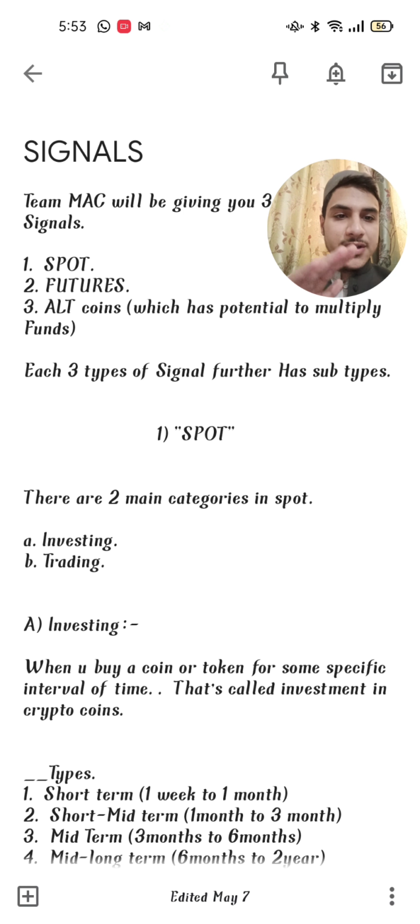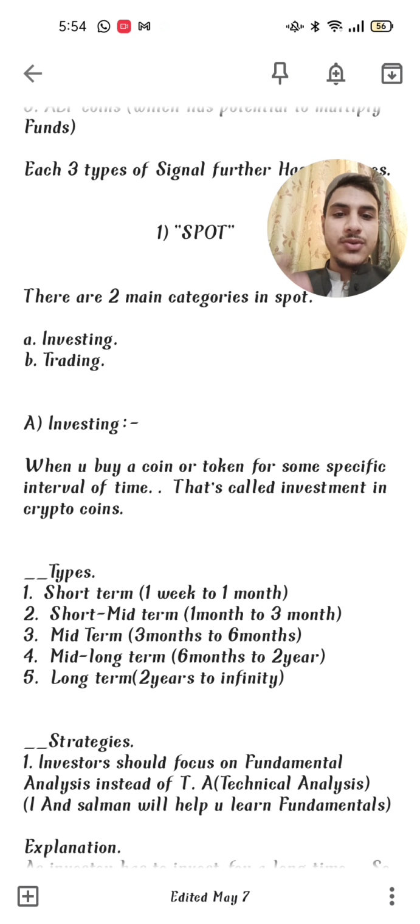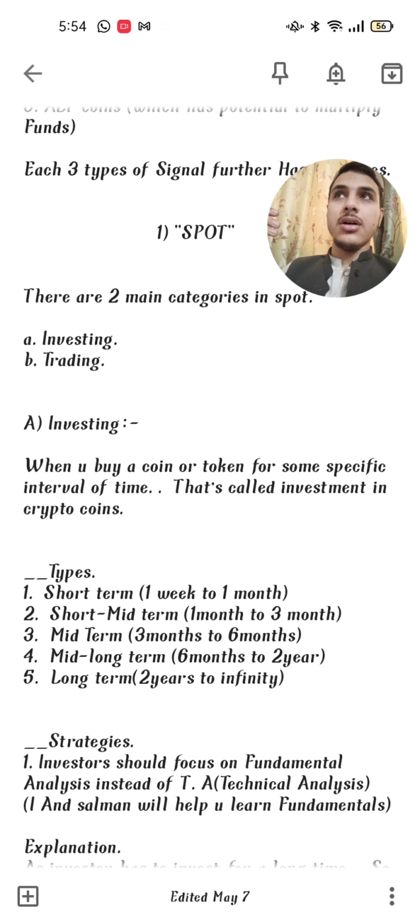The spot was discussed in detail in the previous video, so if you are interested in only spot trading, you should watch that video first. In the spot, I discussed separately the investment and the trading section, also strategies like DCA, cost averaging, value averaging, and ladder order for booking profit were discussed in that video.